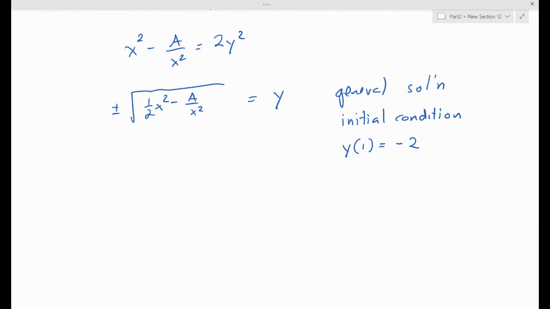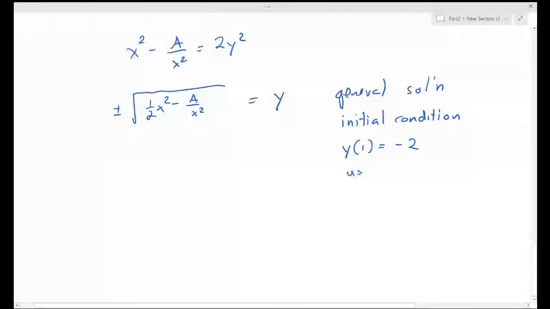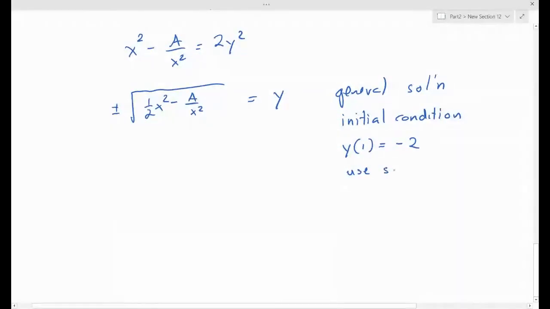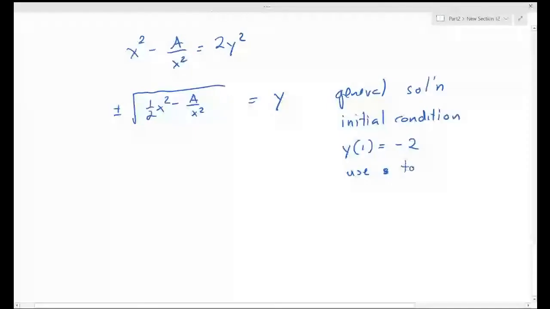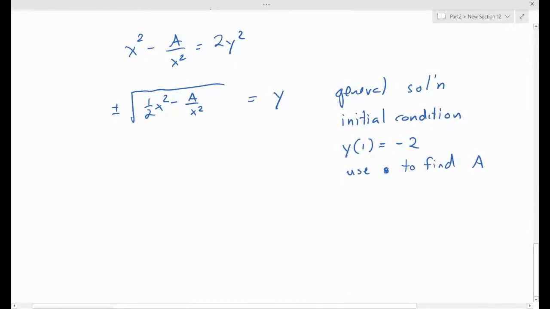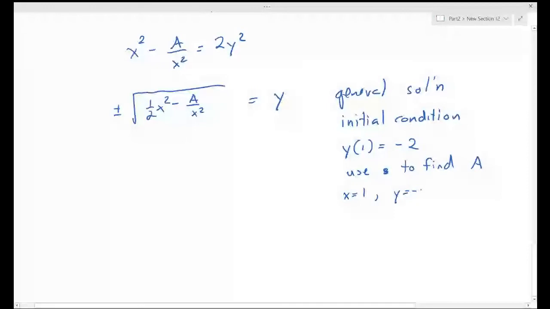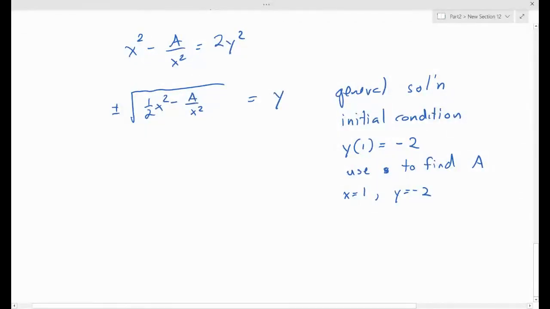So that's called an initial condition, and you use it to solve for a, the arbitrary constant. Okay, and of course this just says that when x is 1, y is negative 2.